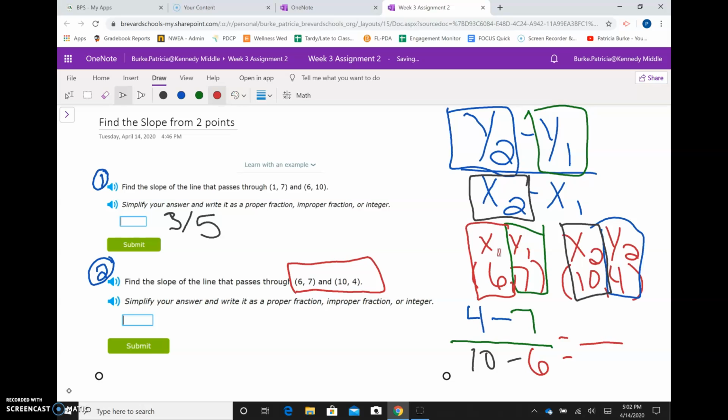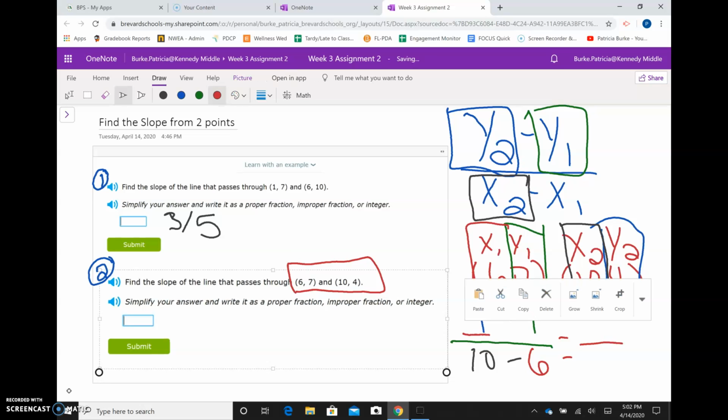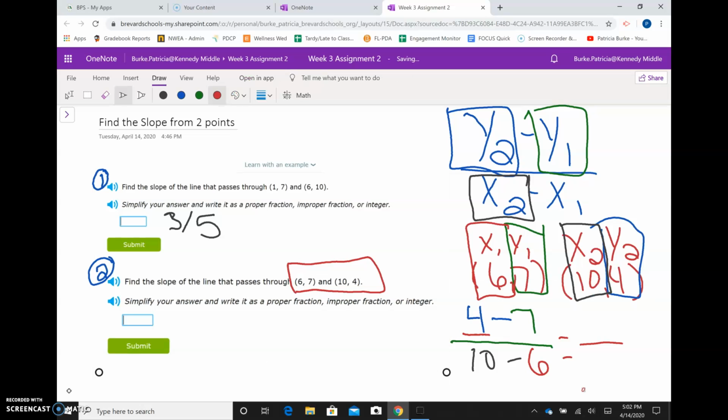All right, let's give this a whirl. If you have $4 and then you borrow $7, how much do you owe? So you have 4 and you take away 7. We took all of these 4 away, and how many more do we have to take away?